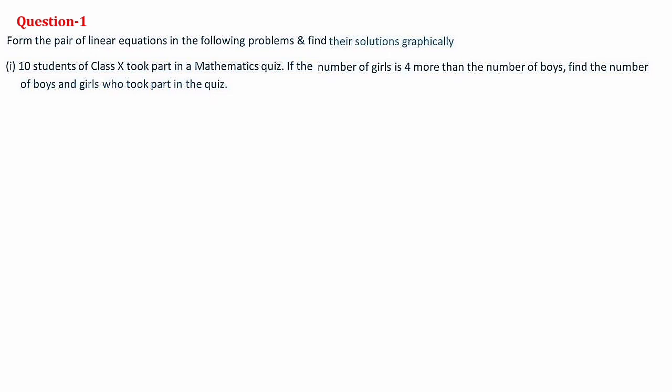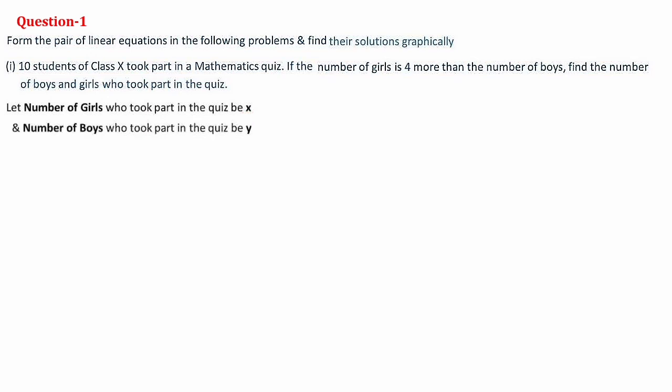So here we are asked to find out the number of boys and girls who took part in the quiz. So let's assume the number of girls who took part in the quiz be x and the number of boys who took part in the quiz be y, because these two are the variables which we need to calculate.